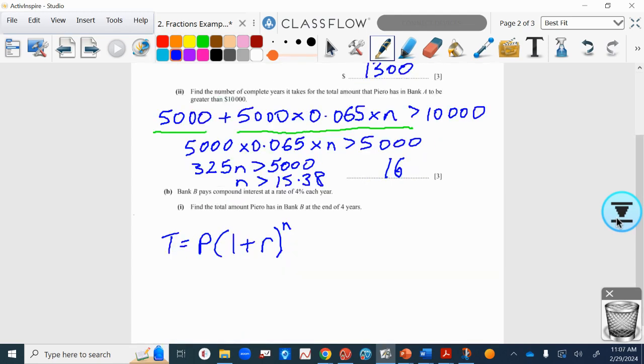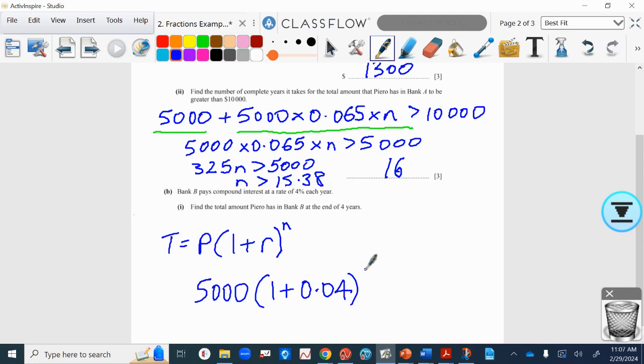Right, Bank B pays compound interest. So here, we have to find the total amount they have at the end of 4 years. You can do this using the formula if you wish. So the total amount for compound interest is going to be the principal, so the starting amount, which is 5,000 again, and in brackets 1 plus the rate of interest as a decimal again. So that would be 4% divided by 100, so 0.04 as a decimal.